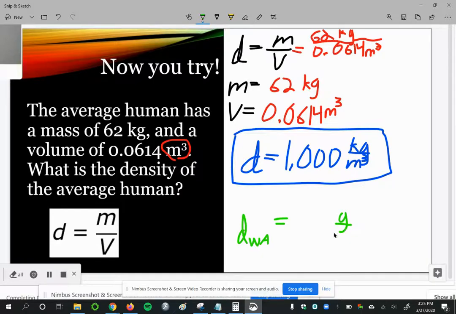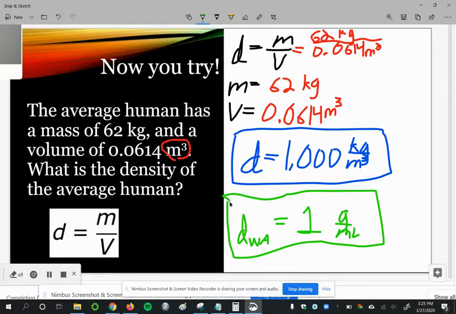Can you guys guess? It's 1 gram per milliliter. The entire metric system is based off of that one simple fact. So that's how we adjust our length and our mass, so that we want the density of water to be a simple number. So every milliliter of water that you pick up is exactly 1 gram. And we've adjusted the metric system to reflect that fact.